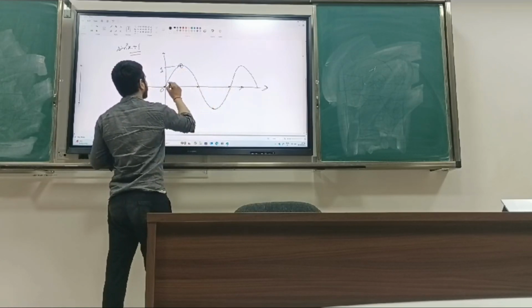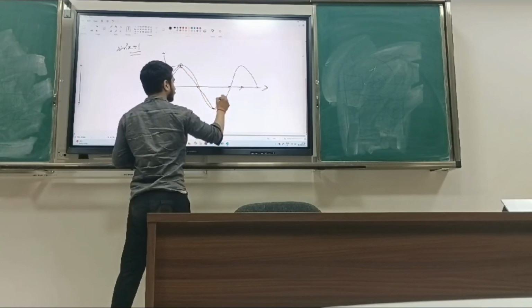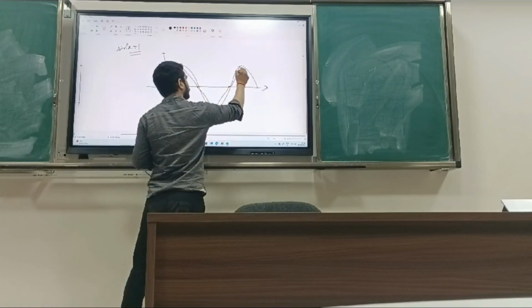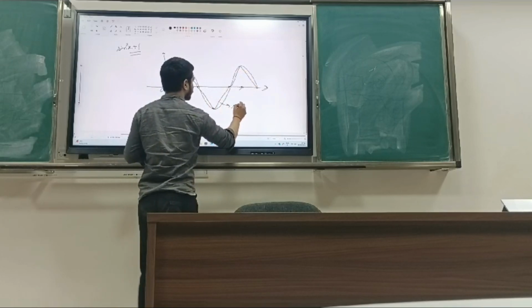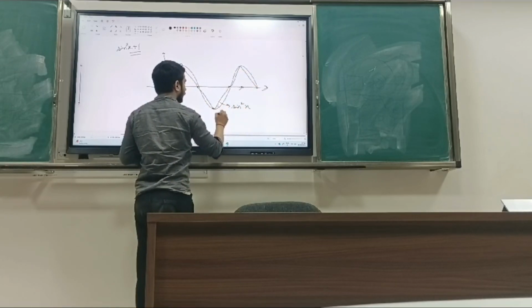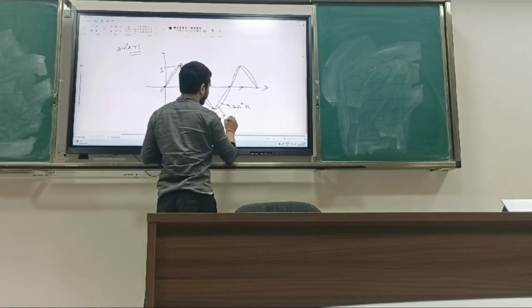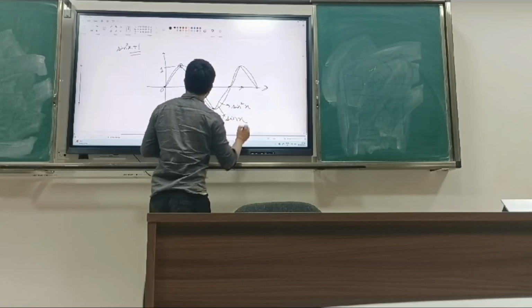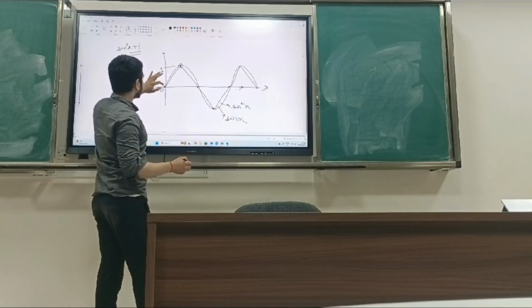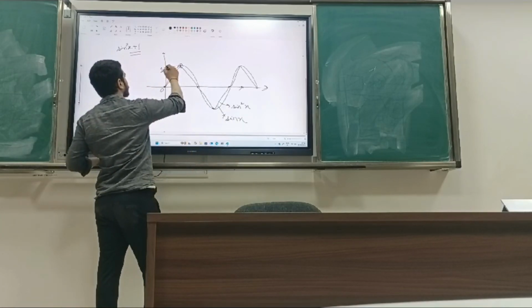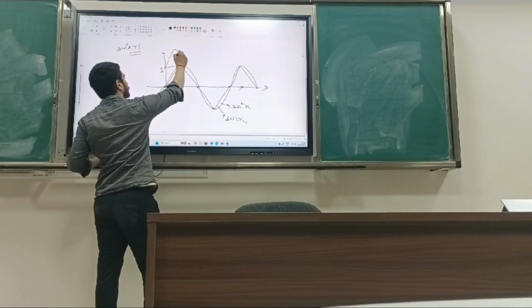Okay, so like this, it will be below this. So this will be the graph of sin square x, and this will be the graph of sin x. And if we want to add plus 1, then this value 0 will be shifted to 1, and it will be like this.